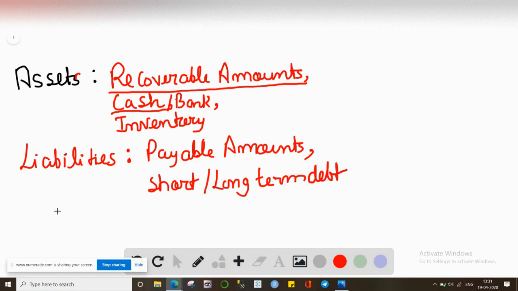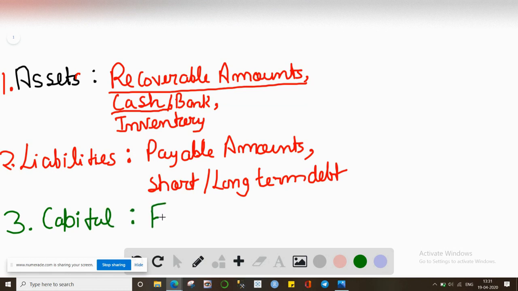Okay, this is the first, this is the second. The third type of account we have is capital, the finance raised. But in case of finance raised, what type of instruments do we have to raise the finance?